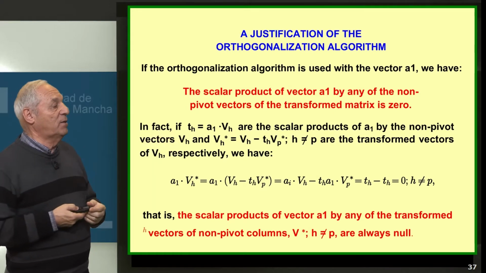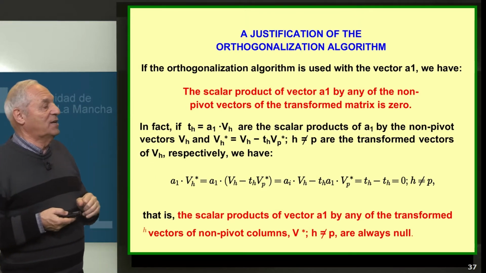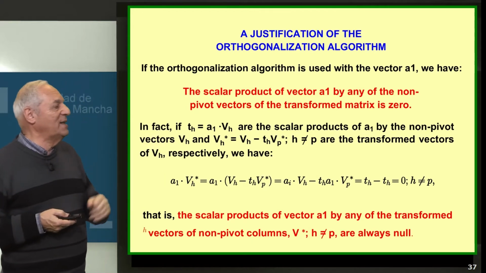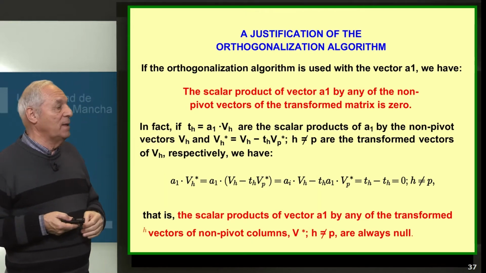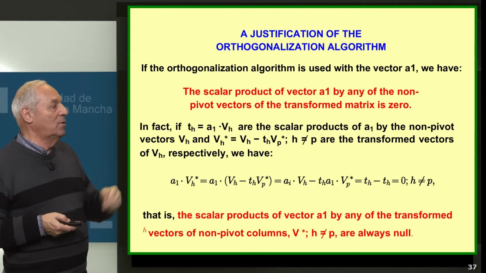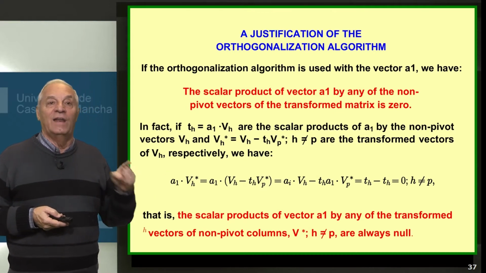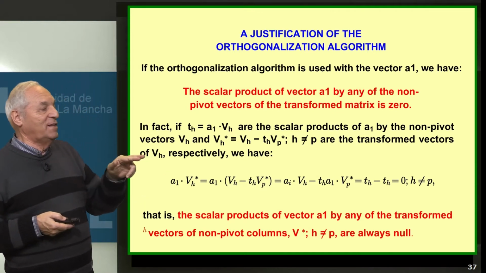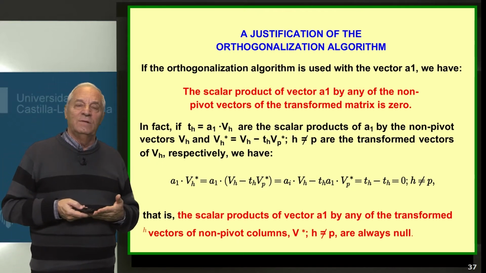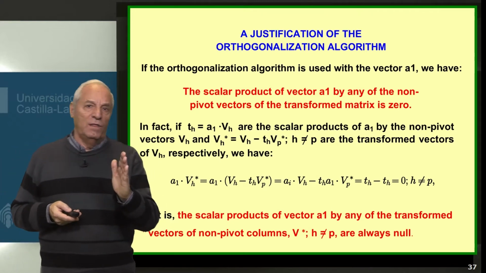What is A1 by vh? That's th. How much is A1 by vp*? We have seen previously that vector A1 by the transformed pivot was 1, then as this is 1, it is also th, and th minus th is 0. Then we have demonstrated that, with this algorithm, what is achieved is that the initial vector A1, by those that are not the transformed pivot, gives a null scalar product, then they are orthogonal.